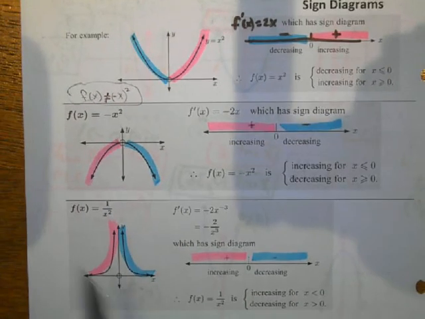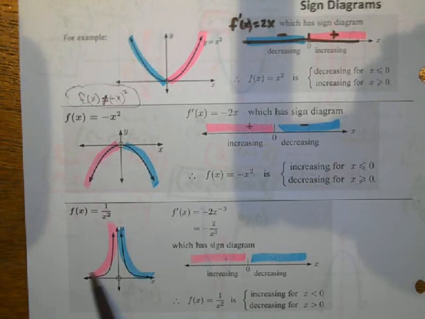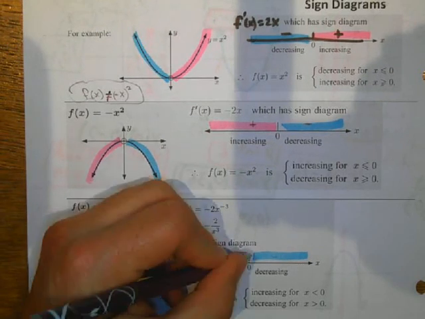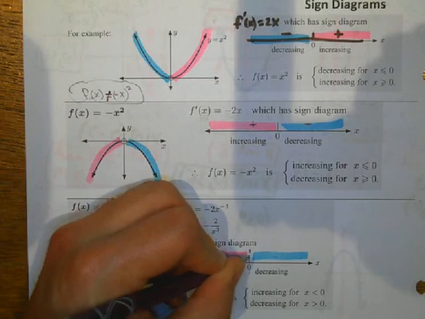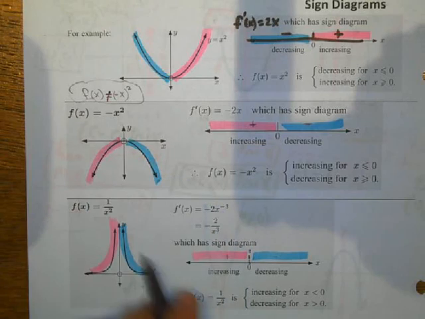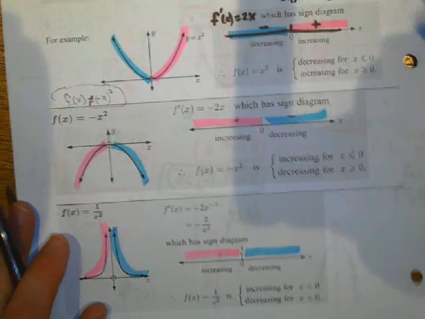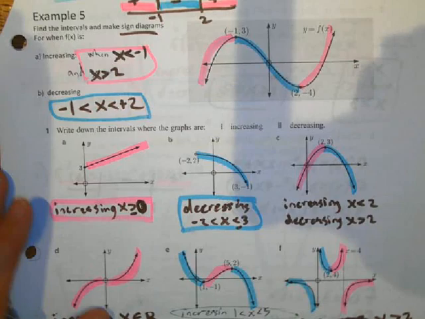Okay, here I have 1 over x squared, and the graph looks like this. The difference in the sign diagram here is we have a dotted line, and when you have a dotted line here, it means the graph will never be equal to 0 because you can't have 1 over 0.